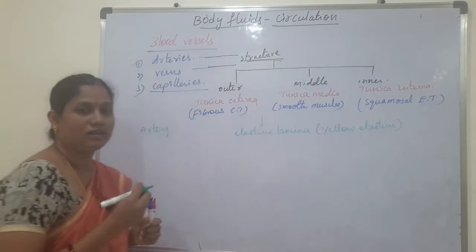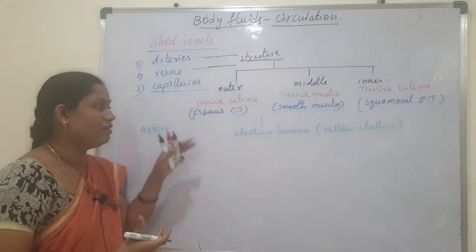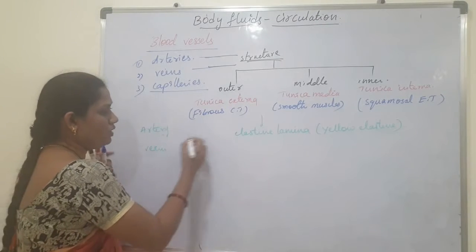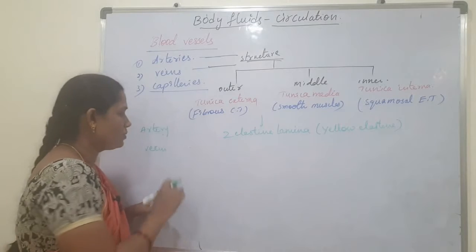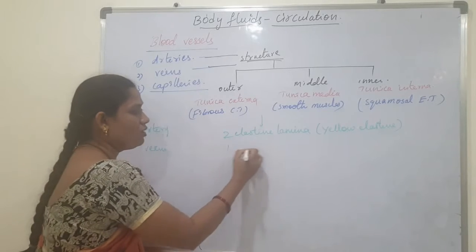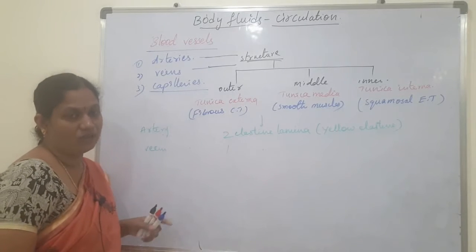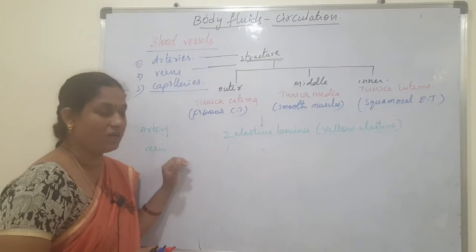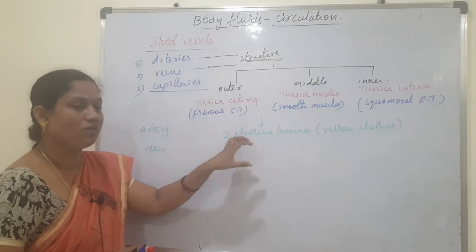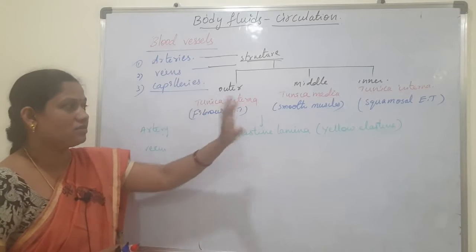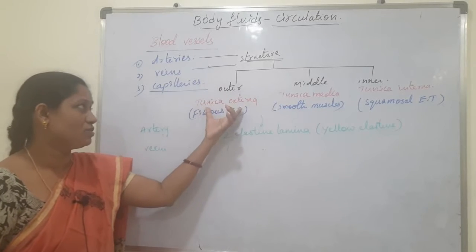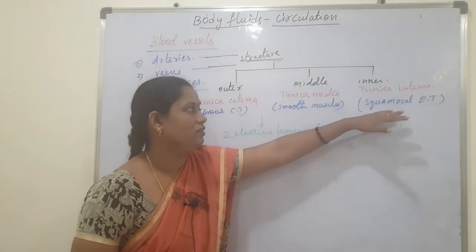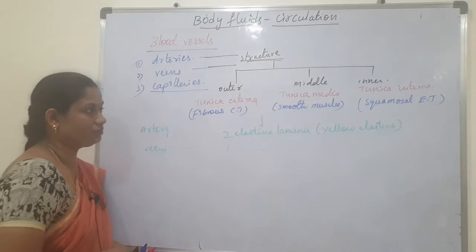So that's why the artery has more elasticity than veins. In an artery two elastin laminas are present. In a vein only one elastin lamina is present. So this is the only difference. The remaining structure is the same: outer tunica externa, middle tunica media, inner tunica interna.